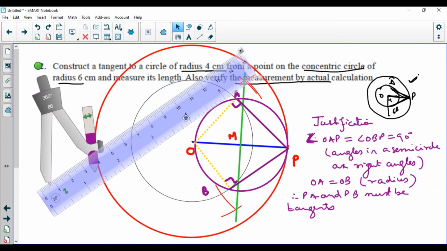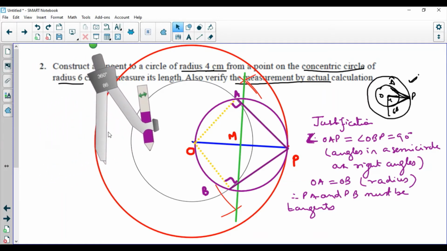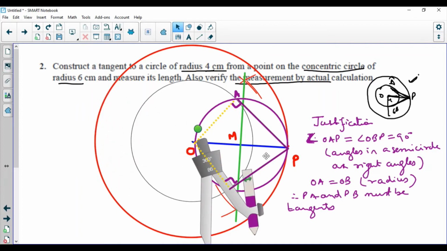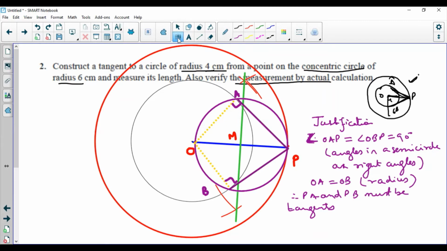Now for the calculation part, we have to use the Pythagoras theorem in these two triangles. OA is 4 centimeter because it is the radius of the smaller circle. OP is 6 centimeter, the radius of the red circle.